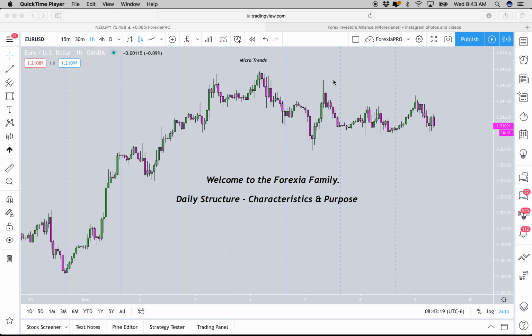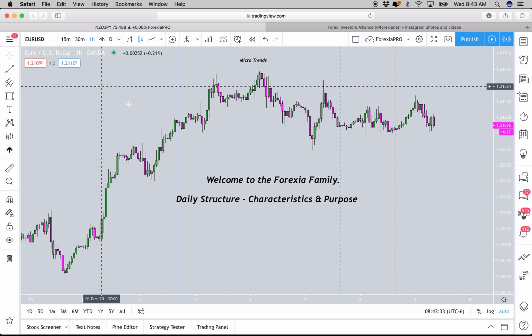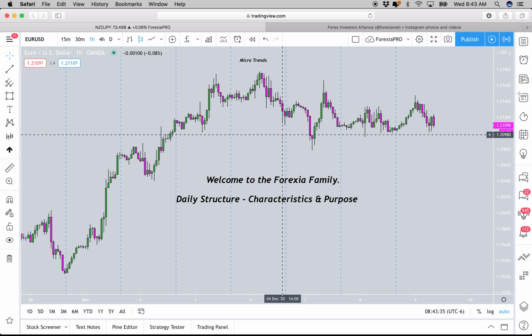Like I said, this is going to be on daily structure, the characteristics and purpose of daily structure. This applies to every single Forex pair. We're going to be going over Euro USD today. However, this applies for every single pair, every single time frame.